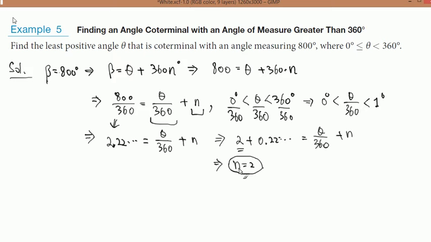So what's the bottom line? I divide the angle 800 by 360. That's 2.22, and that number came from this integer part 2. So we conclude that the number of rotations involved in the coterminal angle is 2. That's the bottom line. But sometimes I emphasize the method, and then you have to reproduce it.